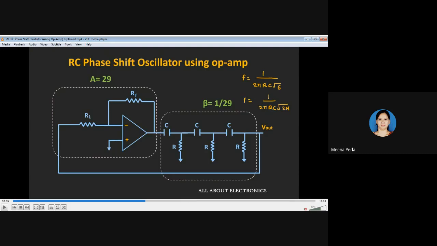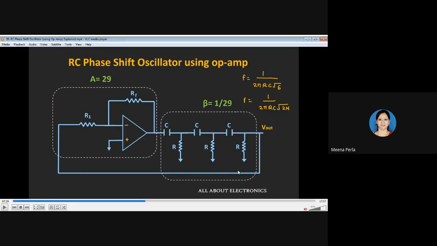But normally what we are going to study is the RC phase shift oscillator using op-amp, where we have two stages: one is an amplifier and one is the feedback network. In the amplifier we have an inverting amplifier, and in the feedback network we have RC components, right? So we are going to use three RC networks.